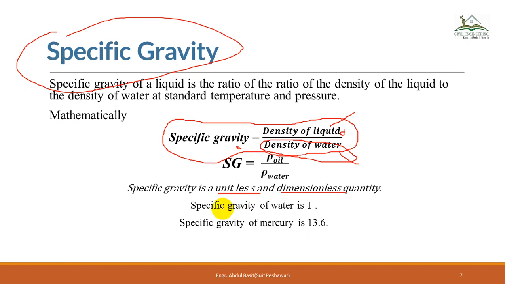The specific gravity of water is 1, because the density of water divided by the density of water is equal to 1. Both get cancelled. If you are talking about mercury, the specific gravity of mercury is 13.6, because the density of mercury is much greater than that of water.